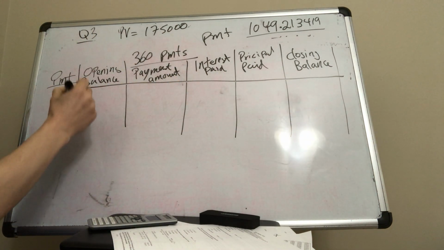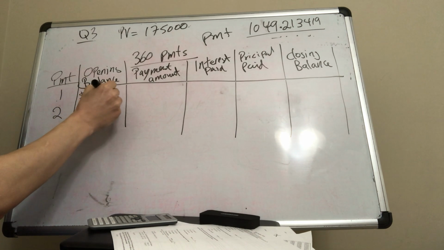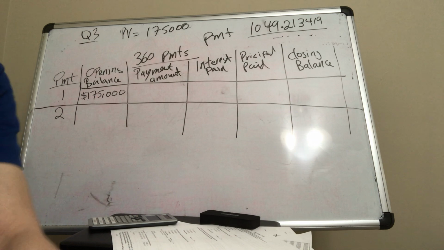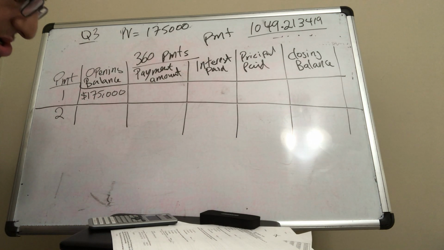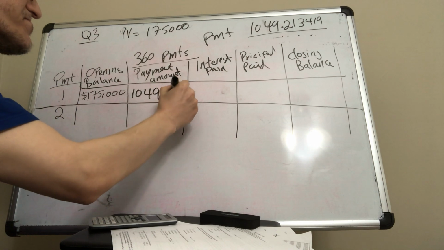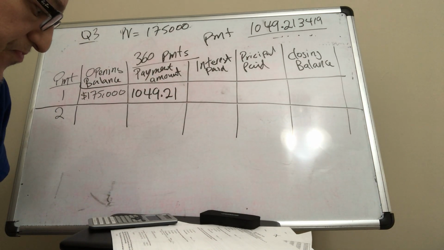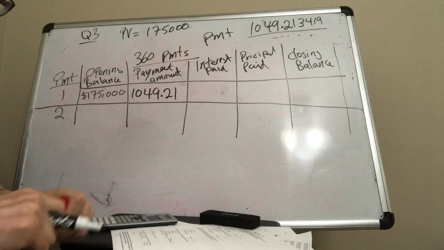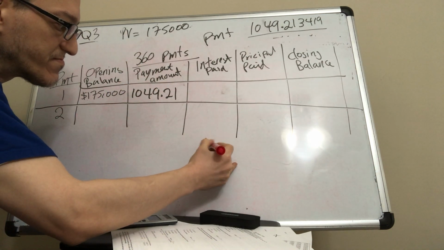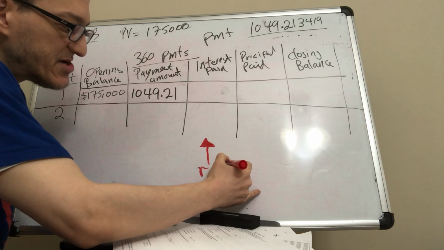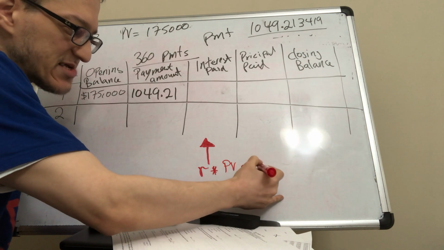So when we start the loan, we're going to start with 175,000. We're going to stick to 2 decimal places. Payment is this. Interest paid is always going to be R times whatever PV, present value, at that time.